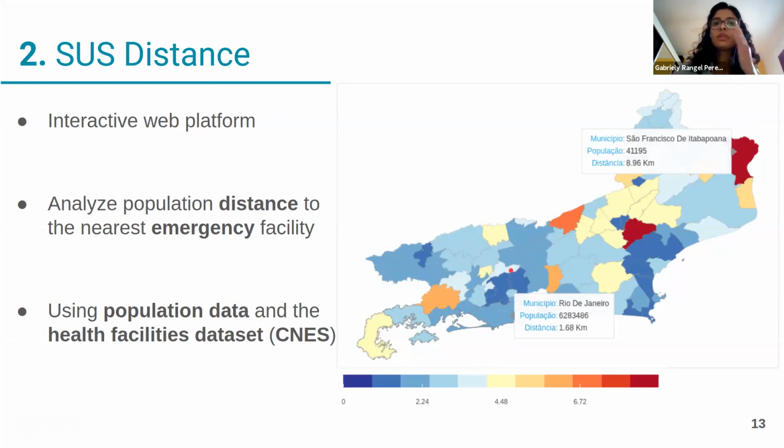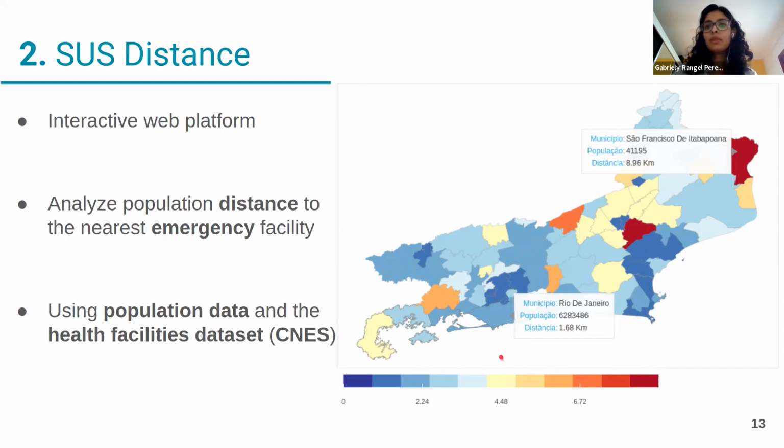So from now on, we're going to use the state of Rio de Janeiro as an example. In this case, this map represents the accessibility situation all over the state, showing the average distance to the nearest emergency facility for each city here. So here, the dark blue means that the population is closer to the emergency facility, and going to the dark red, the distance to it increases.